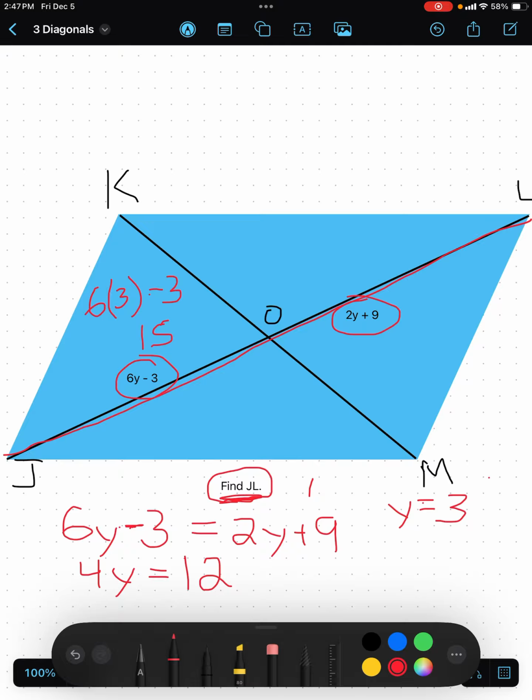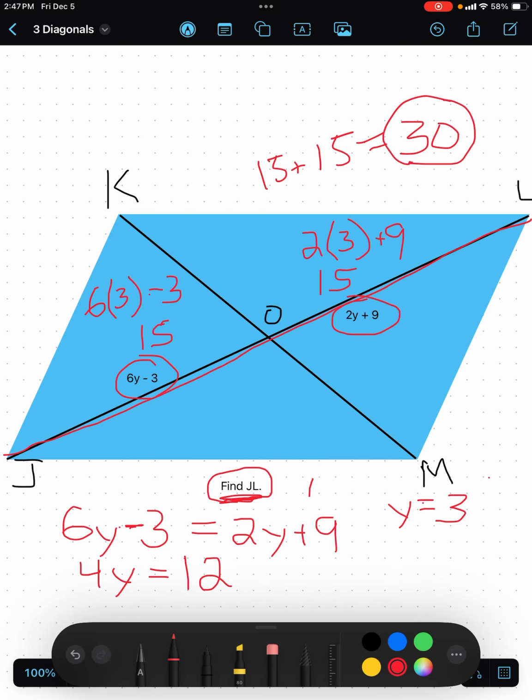Because the two halves are equal, we expect that we're going to get the same value on each side. 6 plus 9 is also 15. And then 15 plus 15 will give us a length of 30 for the full length of that diagonal.